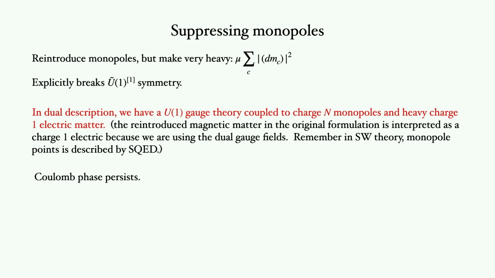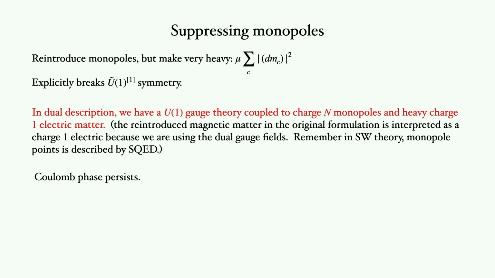Now I am considering the U1 gauge theory. This explicitly breaks this shift symmetry. In the dual description, now we have a U1 gauge theory coupled to charge N monopoles and heavy charge 1 electric matter. Don't let the language confuse you.